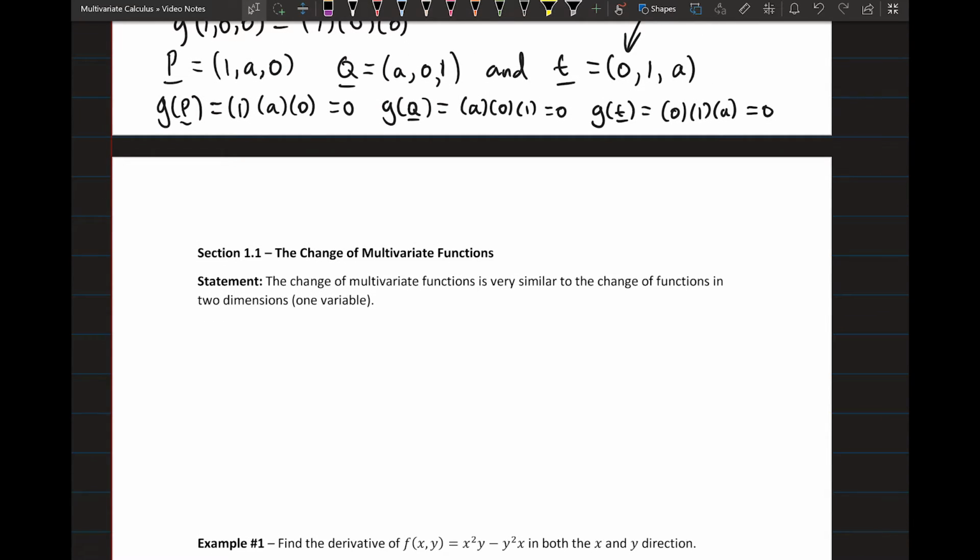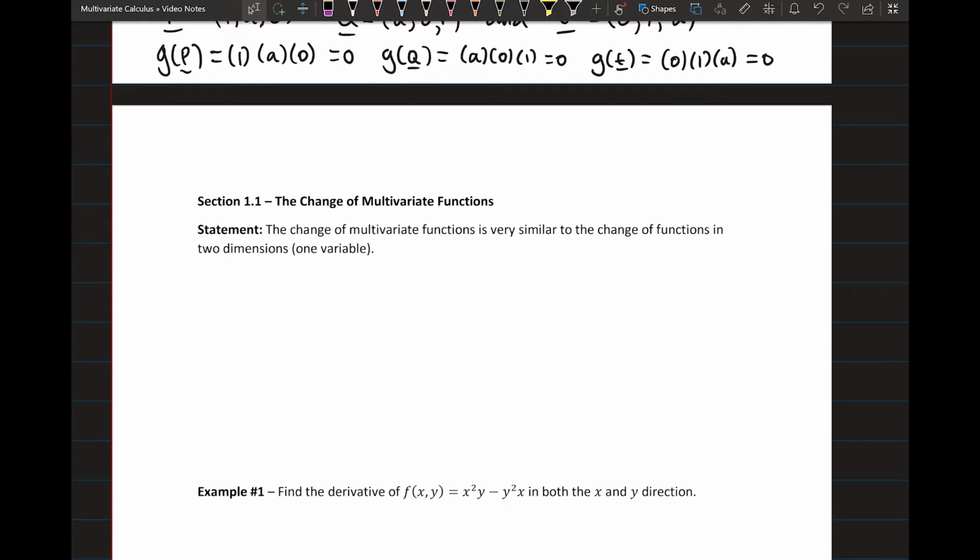Alright, so let's go ahead and move on to partial derivatives. The change of multivariate functions is very similar to the change of functions in two dimensions. For example, for f of x, we looked at the change of y with respect to x.